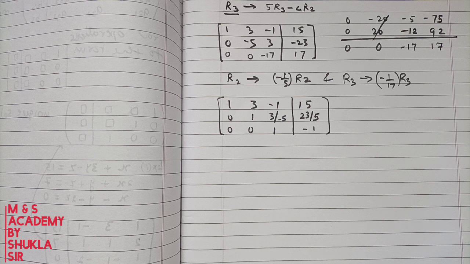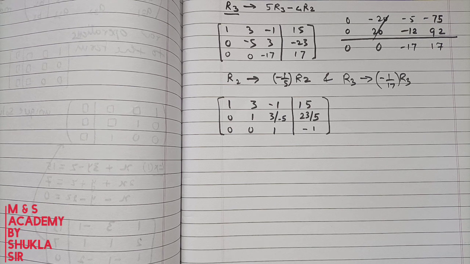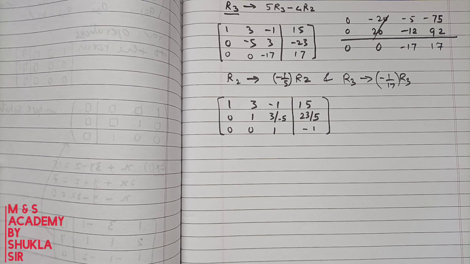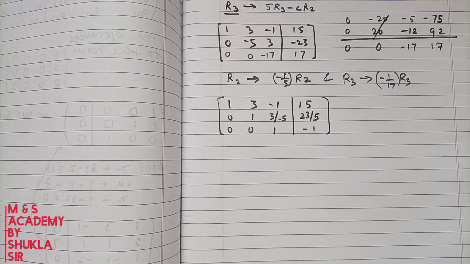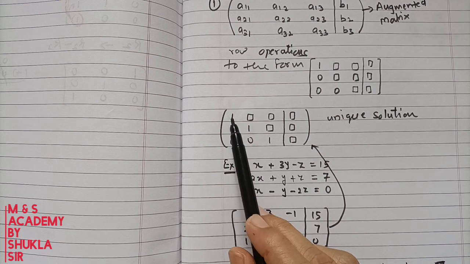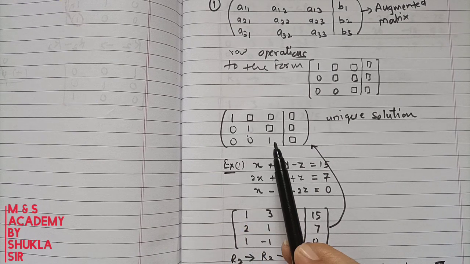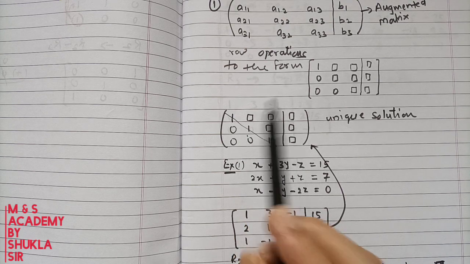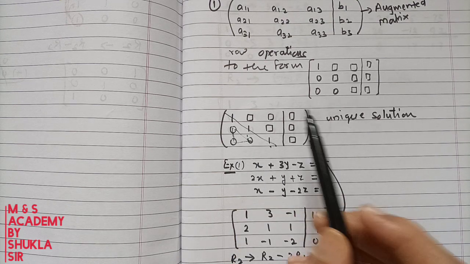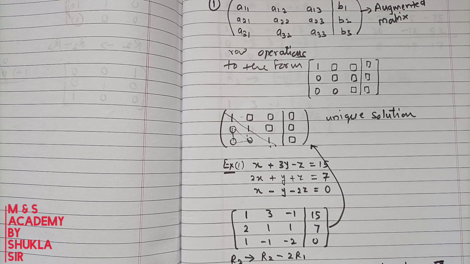Now next, we have converted the given augmented matrix into the form where the unique solution can be found. Below the diagonal is 0, and above the diagonal are non-zeros.